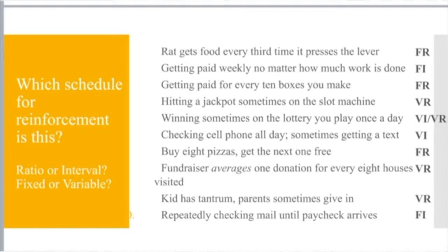Number 9, kid has tantrum, parents sometimes give in. That's variable ratio. And then number 10, repeatedly checking mail until paycheck arrives. This is fixed interval. This is different from checking your phone all day because the idea here is that paychecks come regularly.